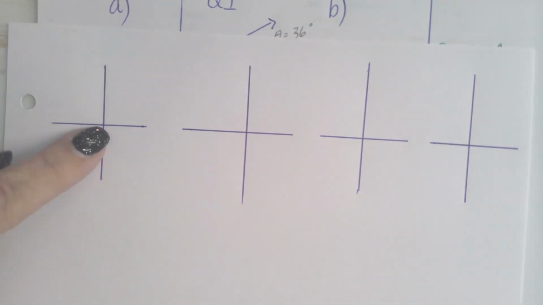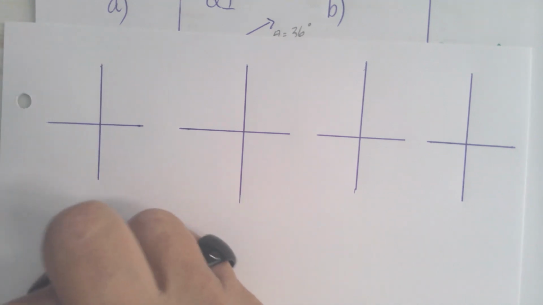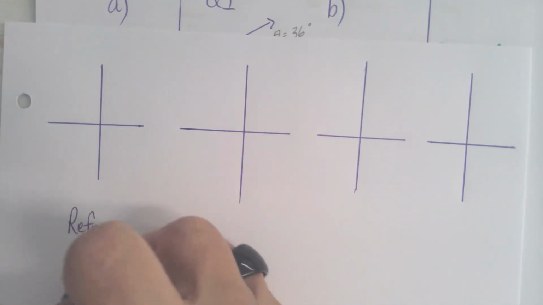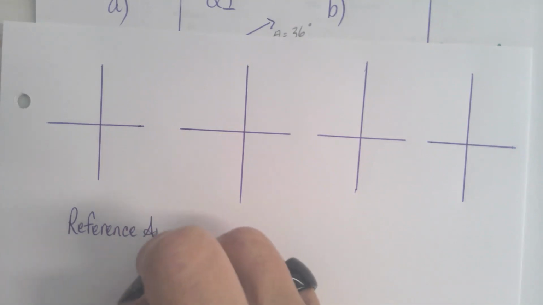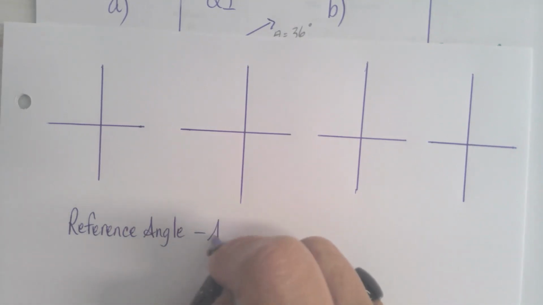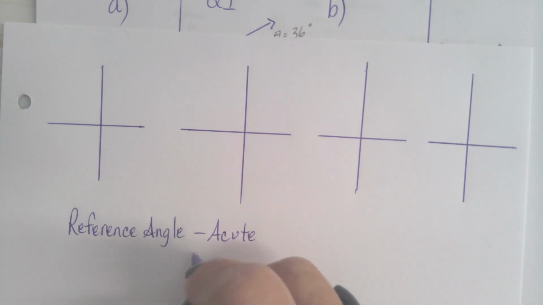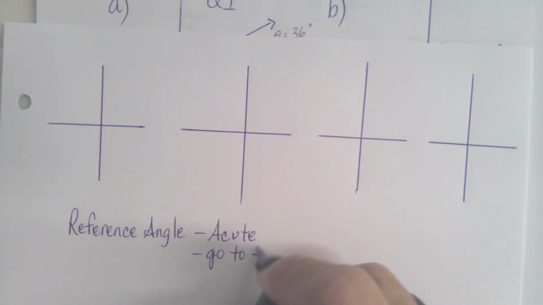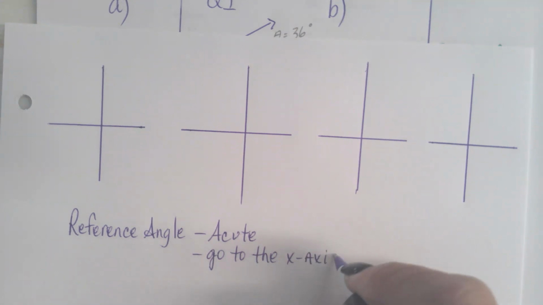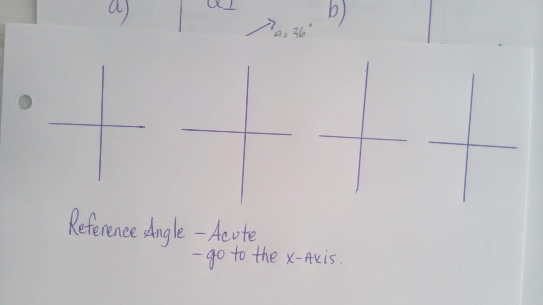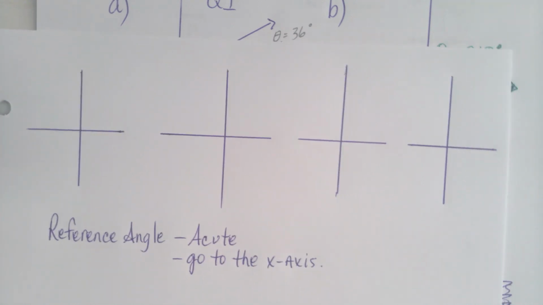So a reference angle is always acute. And it has to go to the x-axis. It never goes to the y-axis. The y-axis, the 90, 270, really not a big deal.